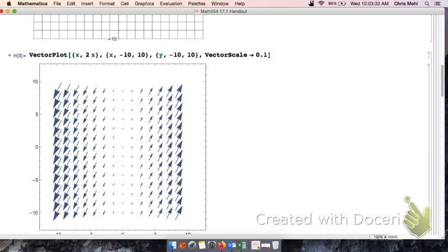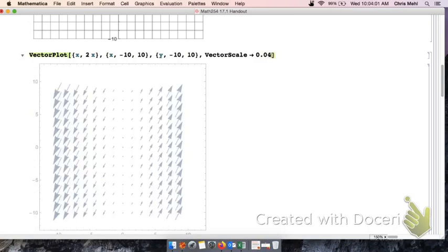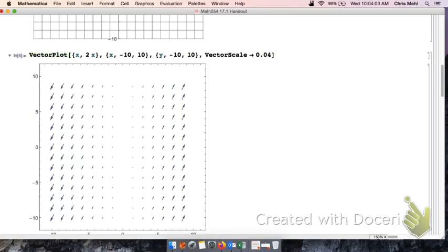Okay, so it turns out I just did the same thing. After you put the components of your vector field function in there, and you specify your range of values for x and y, you can use a VectorScale option, with a dash and then right arrow, and then you can do like 0.1 or 0.04 if I want them to be smaller.